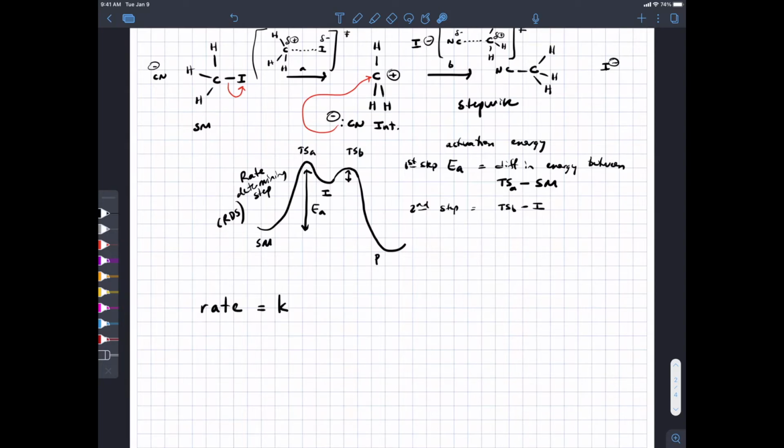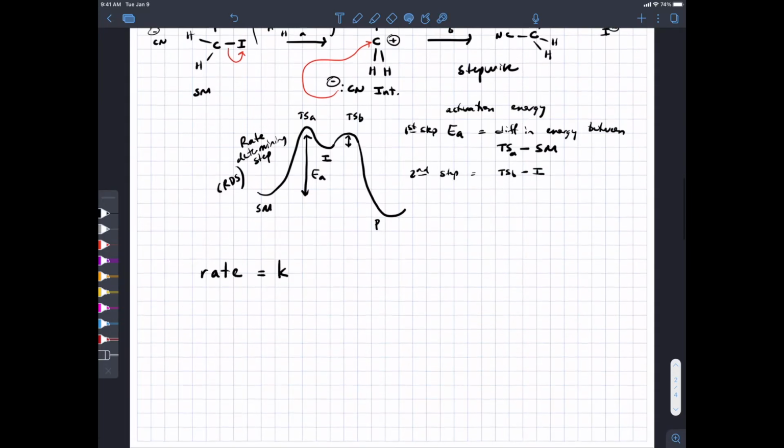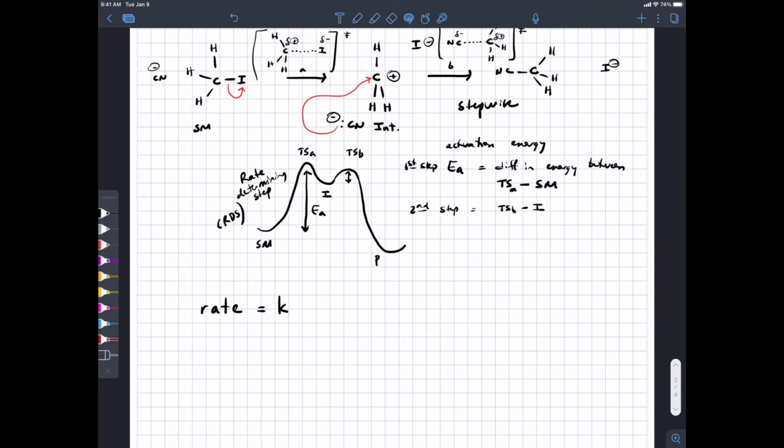So yeah, go ahead. Products over reactants is the equilibrium constant. Yeah, and that's good. Products divided by starting material concentrations, depending on how many you have. But the rate law is a little bit different. The rate law involves the concentrations of those molecules that are involved in the rate determining step.